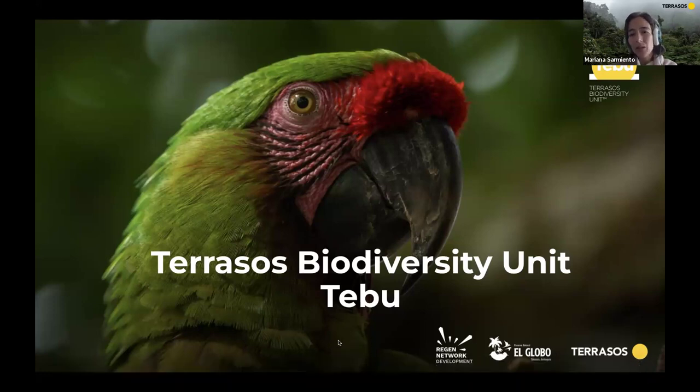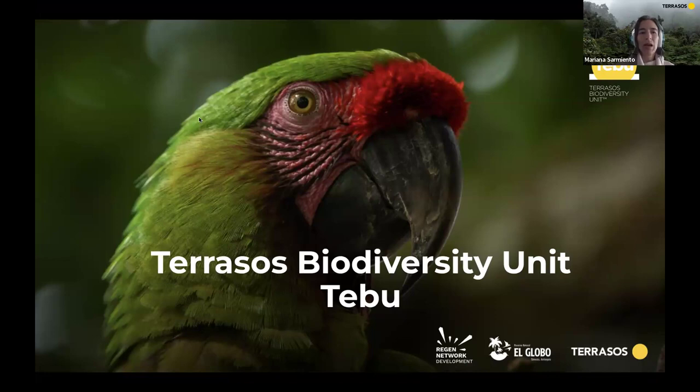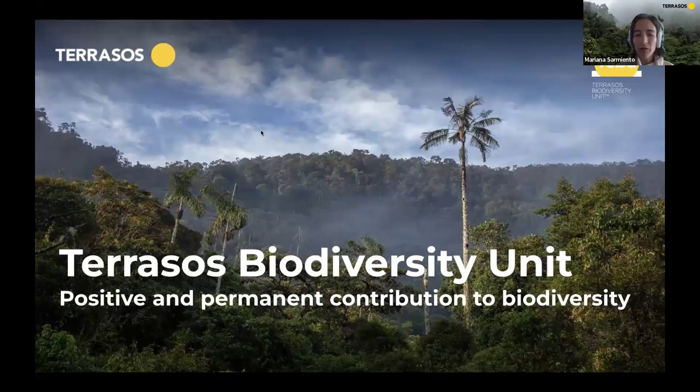And today, we are shifting to this concept of the TEBU, the Terrasos Biodiversity Unit, which we believe has the attributes that and represents the values of many of the stakeholders that really care about biodiversity conservation.